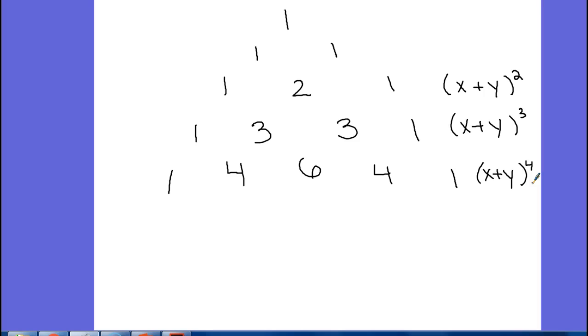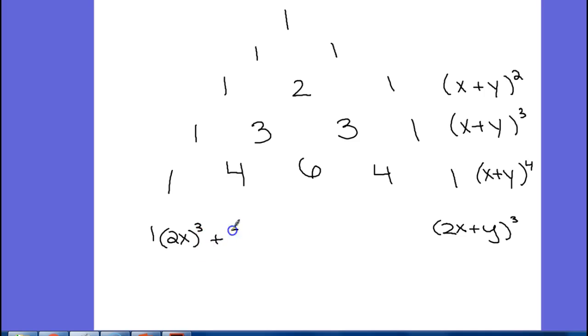There is a rule for if there are numbers on the x and y's. You can Google Pascal's triangle, and it gets a little bit more complicated because the coefficients have to also get raised to the powers in that same way. So if this was like 2x plus y cubed, then the first one, this term is 1, and then it's 2x cubed, so you have to cube the 2.